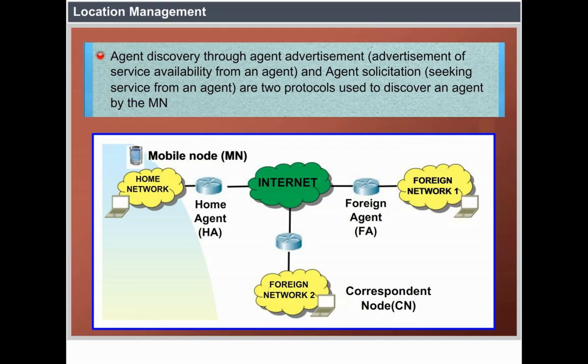Agent discovery through agent advertisement. Advertisement of service availability from an agent, and agent solicitation seeking service from an agent, are two protocols used for discovering an agent by the MN.